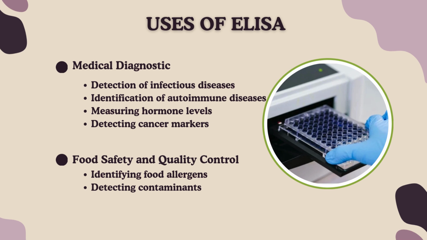It also helps diagnose autoimmune diseases like lupus and rheumatoid arthritis by detecting abnormal immune system activity. In endocrinology, ELISA is used to measure hormone levels, for example insulin for diabetes or thyroid hormones for thyroid disorders. Additionally, it can detect cancer markers such as prostate-specific antigen (PSA) for prostate cancer screening.